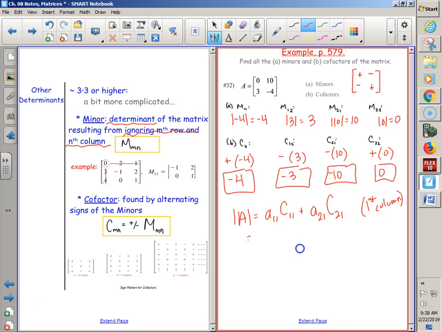That's the 1 times C11, plus 3 times C21, negative 10.